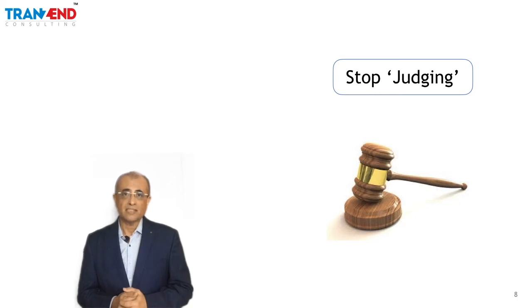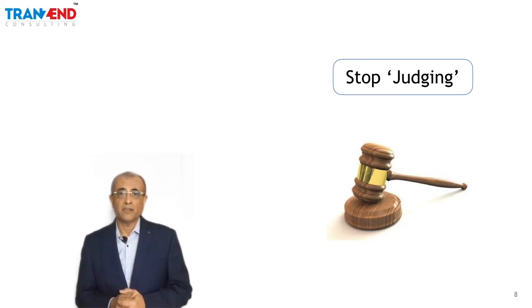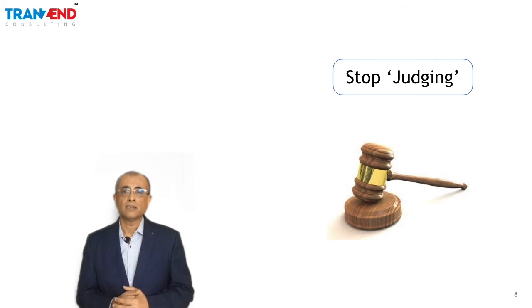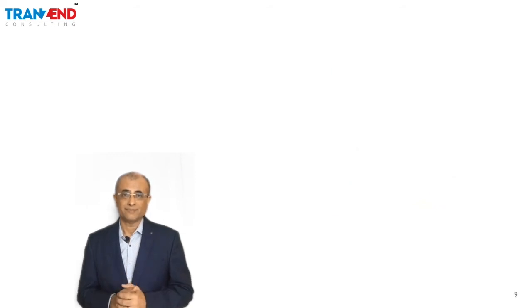We start criticizing the other person. We start deciding that this person is not good enough, or is coming with a very negative point of view on the situation, and the person has to be suppressed or pushed away. So the mindset doesn't help us at all. That's the first mindset which is very important for us to resolve conflicts effectively: to stop judging people.